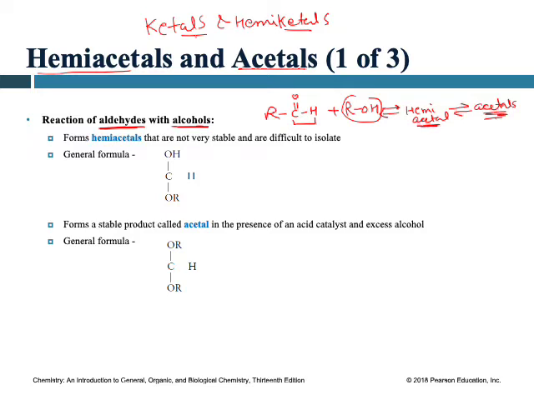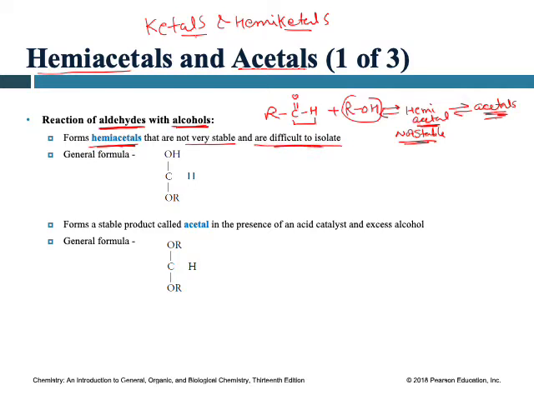Like I already told you, hemiacetal and acetal form when an aldehyde reacts with an alcohol. Then you will form hemiacetal, which is not very stable, right? And they are difficult to isolate.